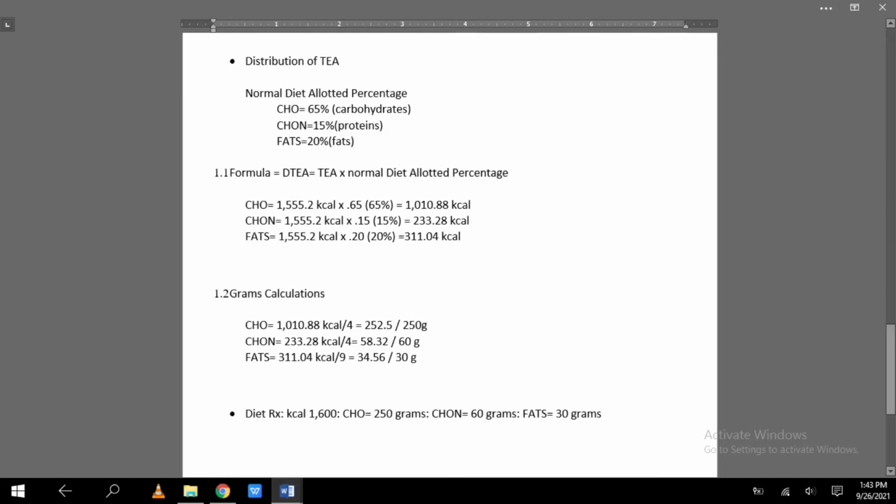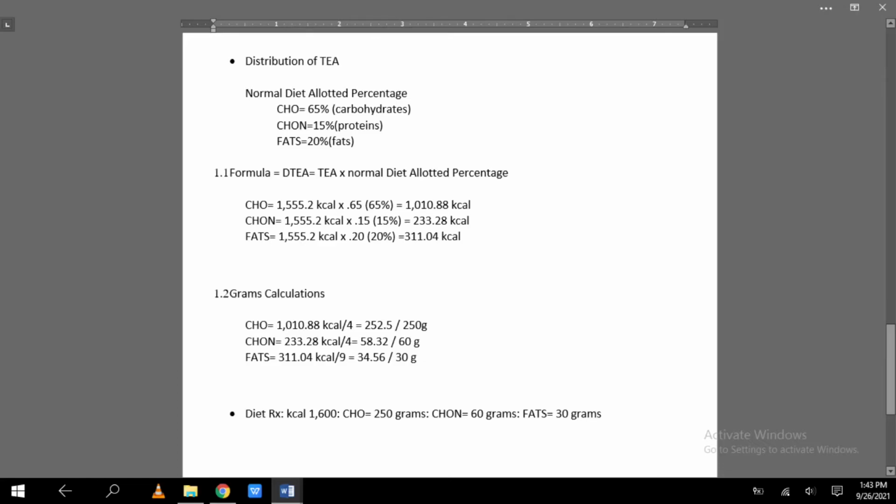The distributed TEA is 233.28 kcal divided by 4 is equal to 58.32 or 60 grams. For fats, the distributed TEA is 311.04 kcal divided by 9 is equal to 34.56 or 30 grams.